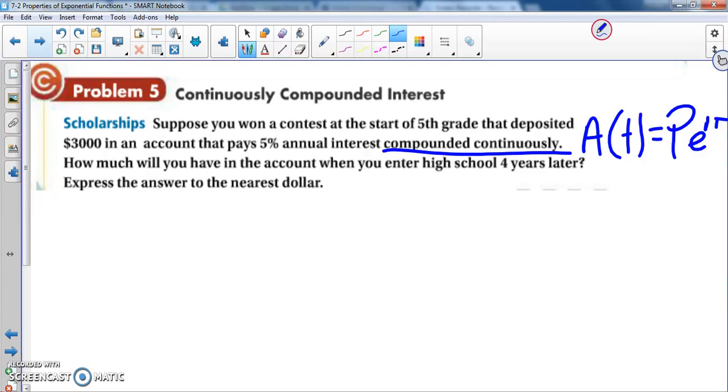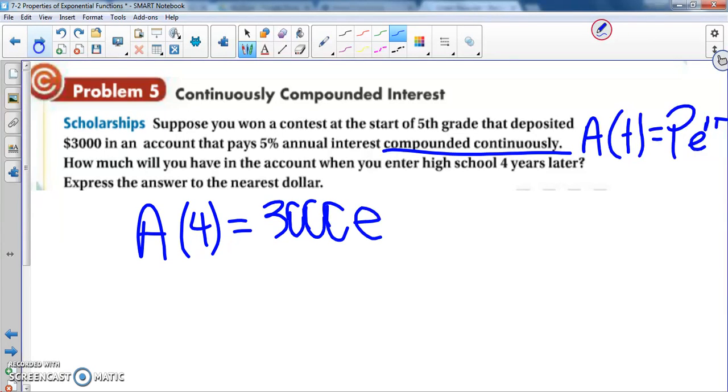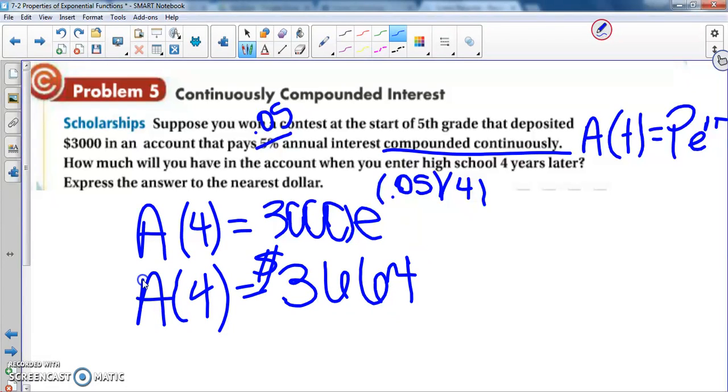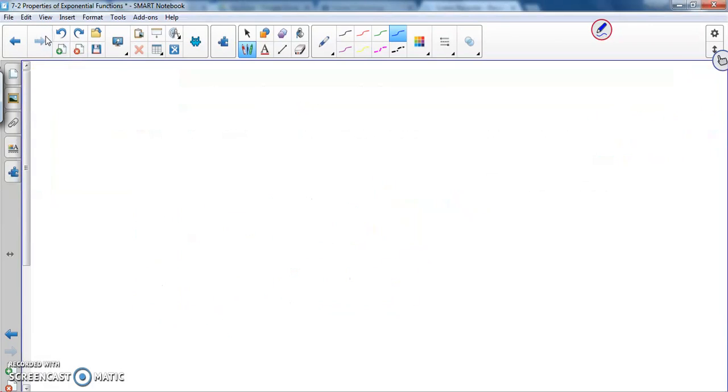So our amount after 4 years is equal to 3,000 times e to the r, our rate isn't 5, it is 0.05, times t, which is 4. We put this into our calculator, and our amount after 4 years is equal to $3,664, since we are rounding to the nearest dollar. And that's all.